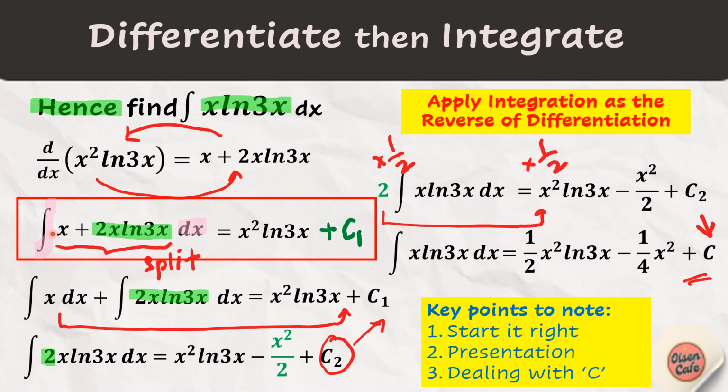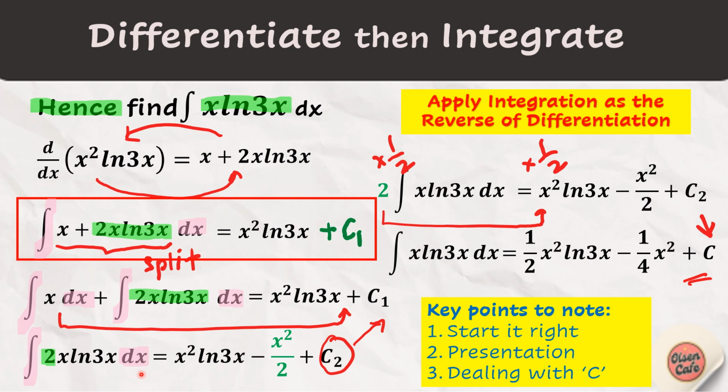So the integral symbol and the dx must come together as a pair. Whenever you have an integral sign, it must come together with the dx. Students often miss out on writing the dx. I hope you get the idea from there.